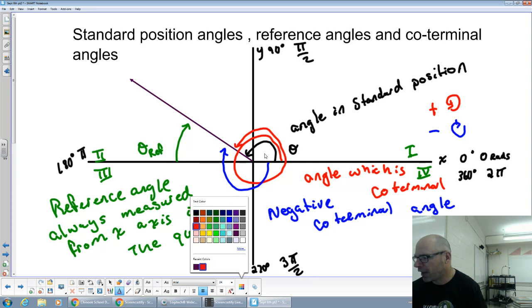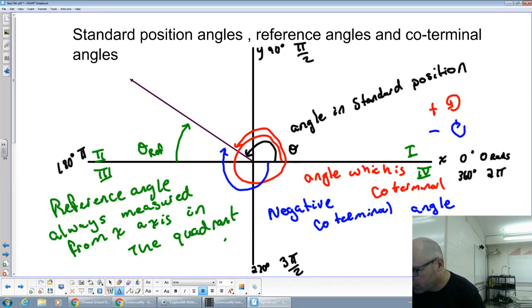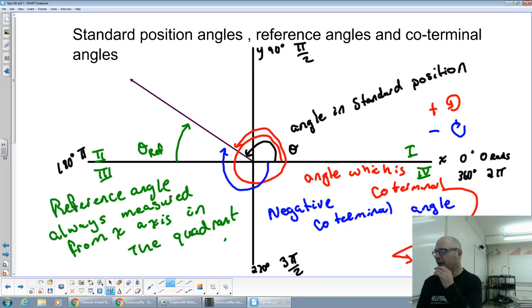For any coterminal angle, you're just adding another 360 degrees every time. So, a coterminal angle formula, which we'll do in red here. If you have some angle theta, it's theta plus 360 degrees times a number n, where n equals 1, 2, 3, 4, 5, whatever it might be.